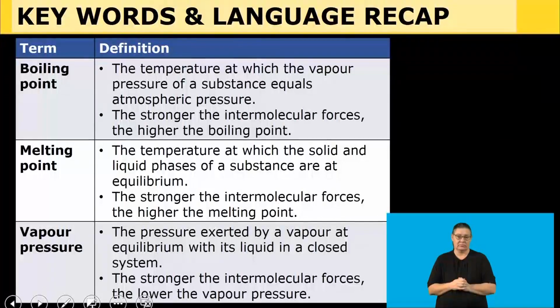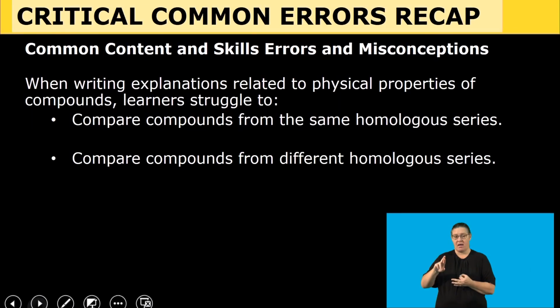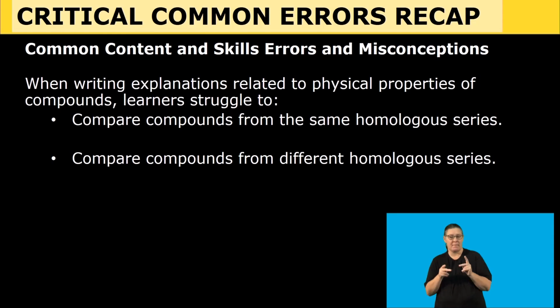Now, again, in this lesson, there were certain keywords that we used to better explain certain concepts, words such as boiling point, melting point, and vapor pressure. And we tried to address the misconceptions that you normally bring into the exam session or whenever we're writing our test and exam question papers.